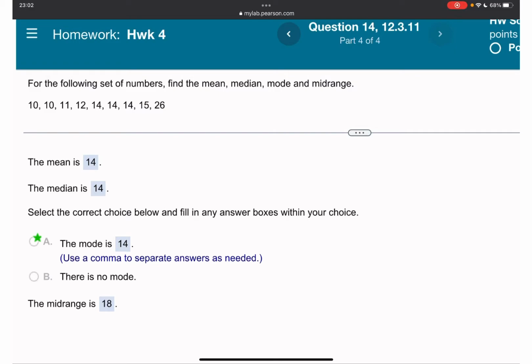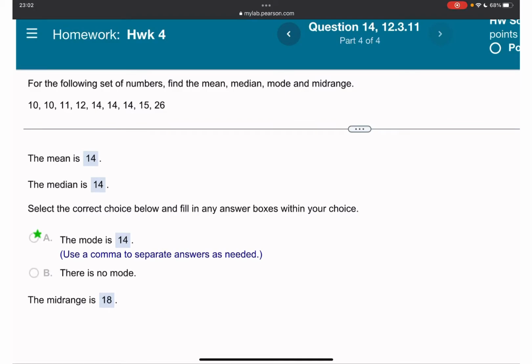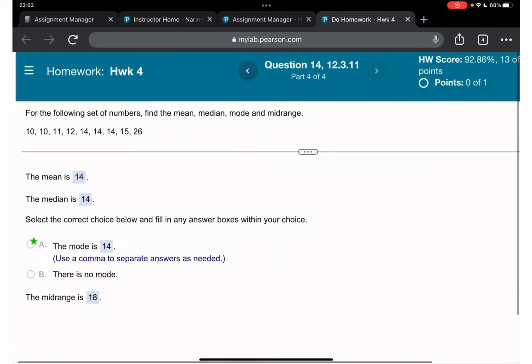Now mid-range: you take the smallest number, add the highest number, which is 26. 10 plus 26 is 36, and divide by 2. One more time, minimum plus maximum, divide by 2, and you get the result. And I am done. Thank you for watching.